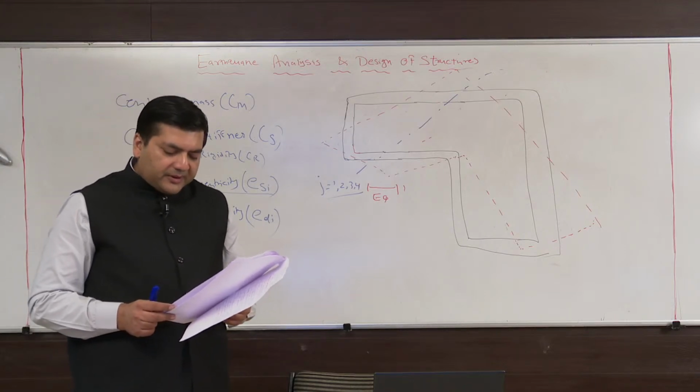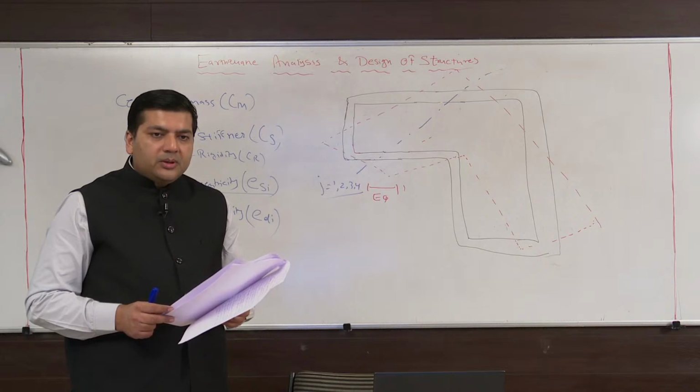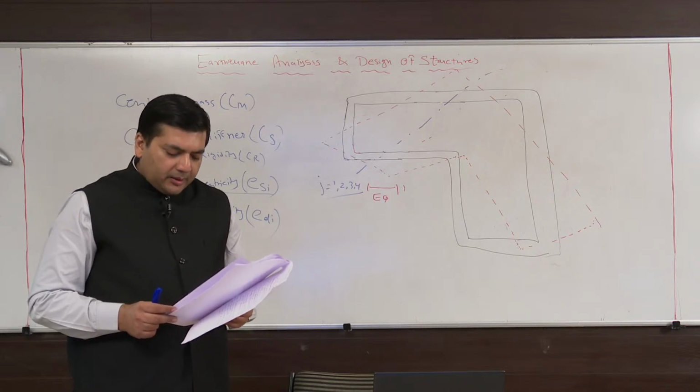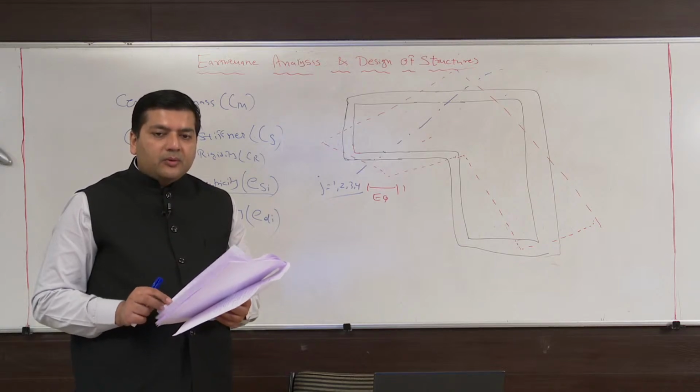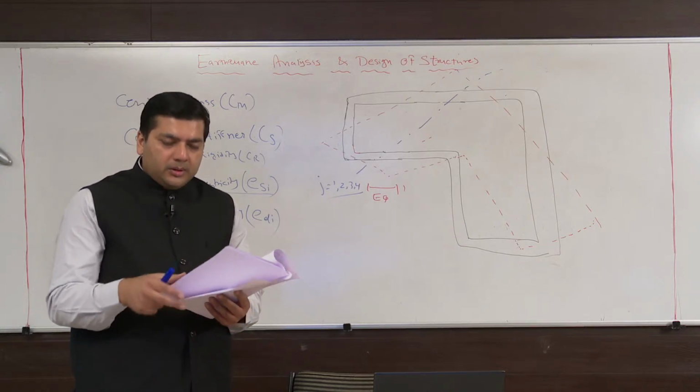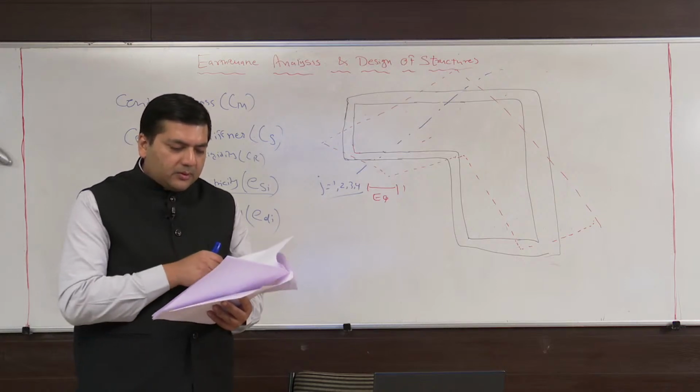It is the value of eccentricity to be used at floor I in torsion calculation for design. So, we have to check this value in code. We will see this also.